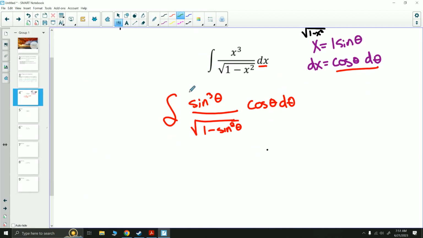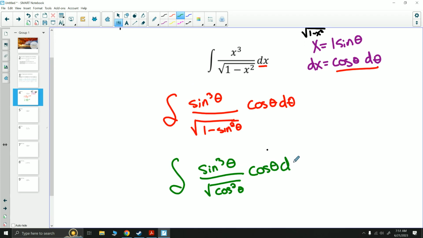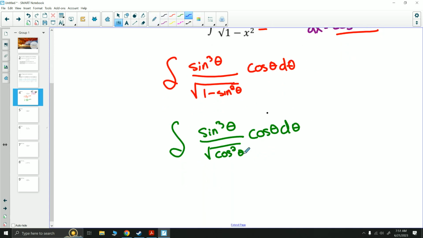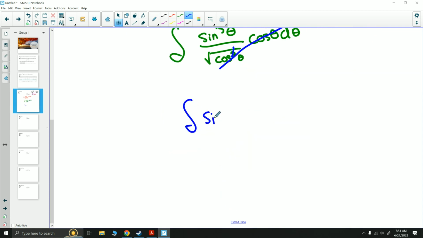So we're going to have the integral of sine cubed theta over the square root of cosine squared theta times cosine theta d theta. The square root and the squared cancel, cosine cancels, and we're left with the integral of sine cubed theta d theta.